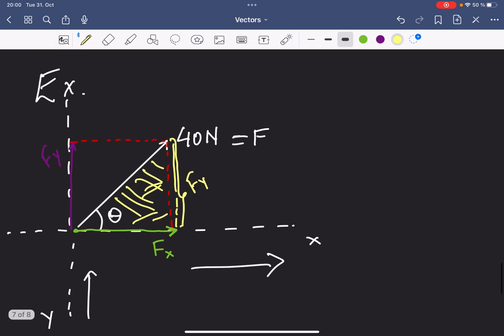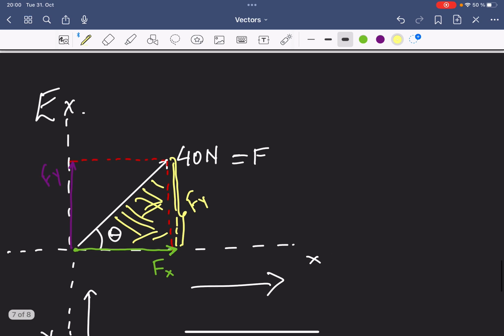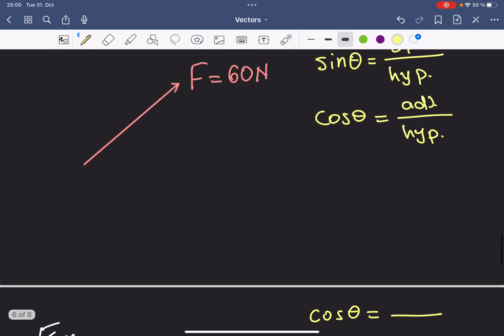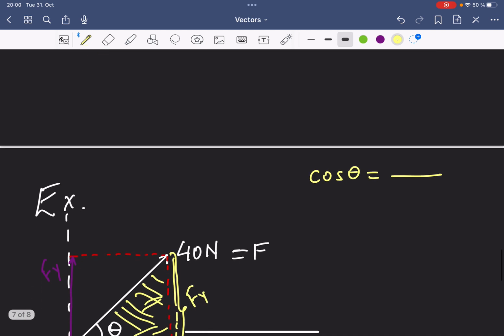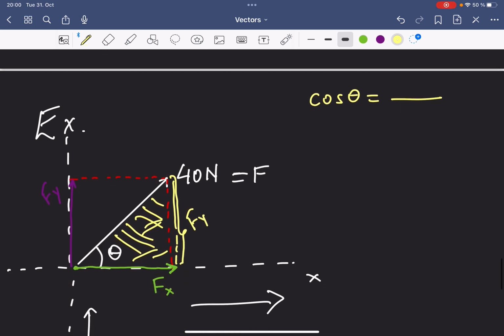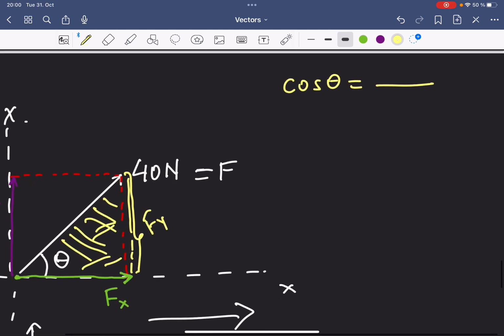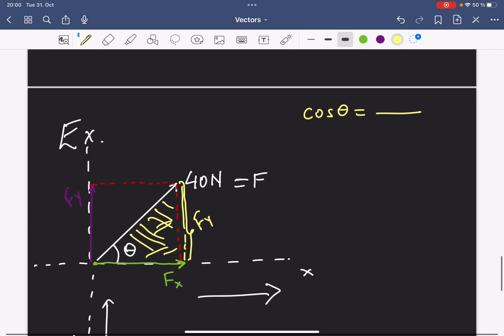So with those in mind, if you write down the cosine theta on this triangle, the cosine theta, we said, is the adjacent over the hypotenuse. The adjacent in this triangle to the angle theta is going to be Fx.